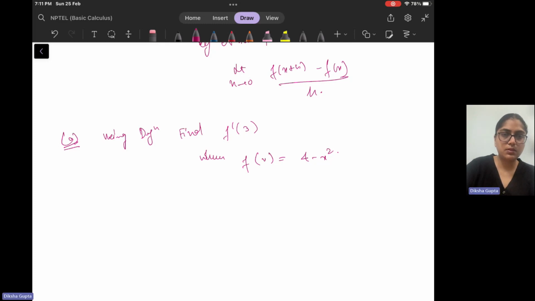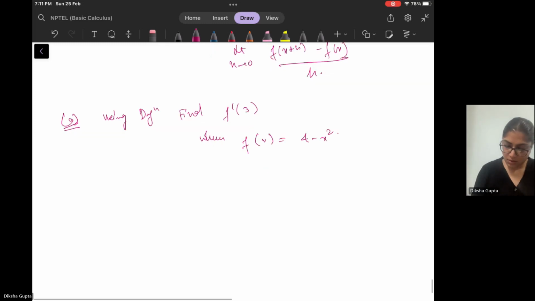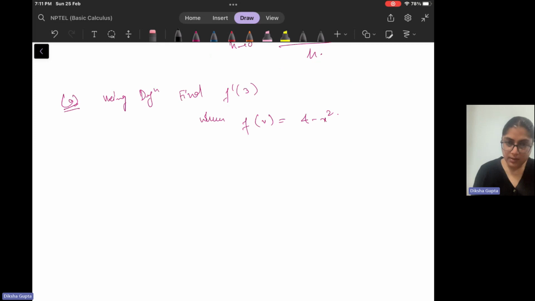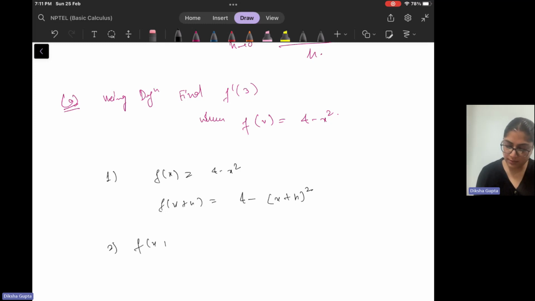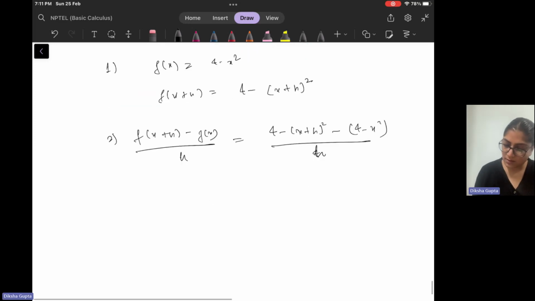So it is not difficult. We'll follow the steps. f(x) is 4 minus x square, f of x plus h is 4 minus (x plus h) square. Then f of x plus h minus f of x upon h is 4 minus (x plus h) square minus (4 minus x square) upon h.